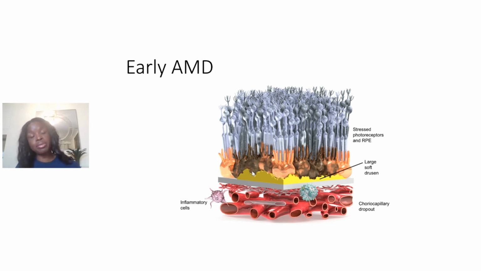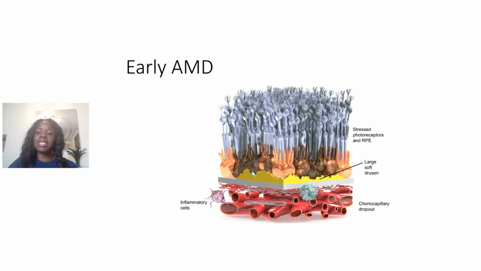This prevents the nutrients from getting to the photoreceptors and waste products of the photoreceptors from being carried away. The RPE and its special friend, the photoreceptors, become stressed and stop working properly. The blood vessels of the choroid also start to become thinner and shrink.